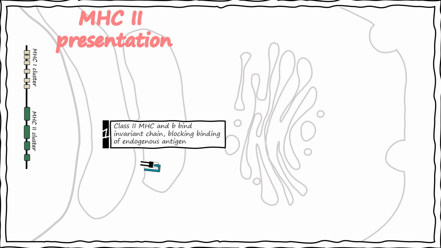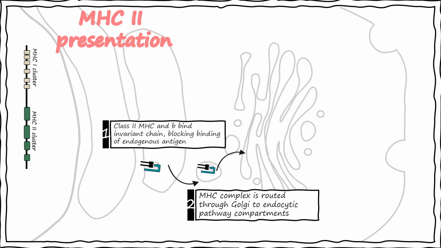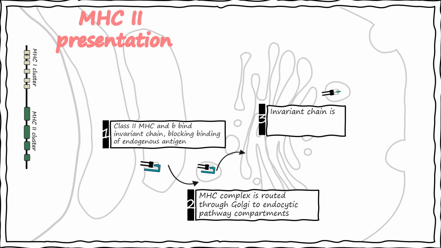This is like a packaging material blocking a cup, let's say. So this is how it is nicely packaged. Eventually it moves from the ER to the Golgi, and the MHC complex is routed through the Golgi to the overall anterograde pathway. Now the invariant chain is degraded eventually when there is a change in the pH.